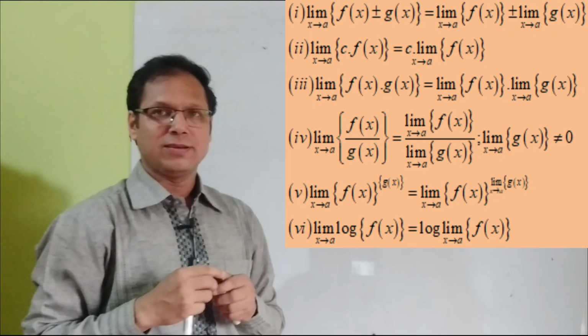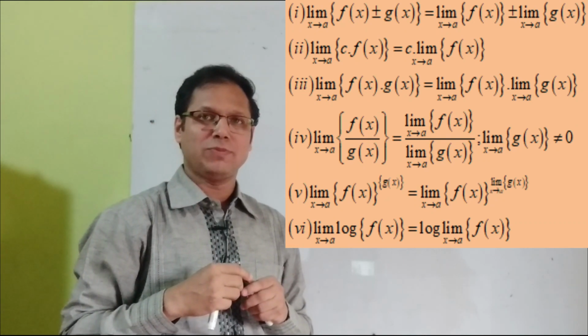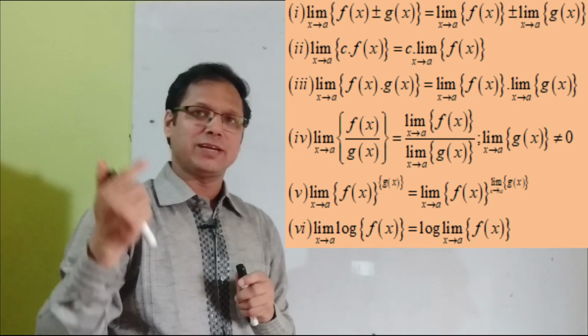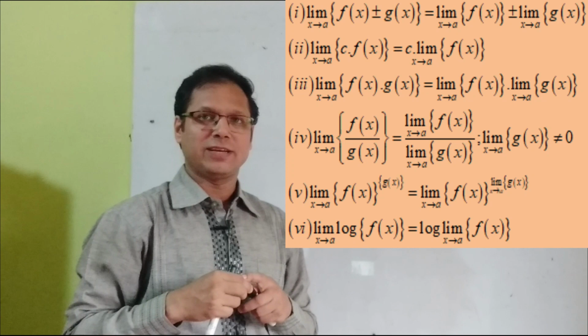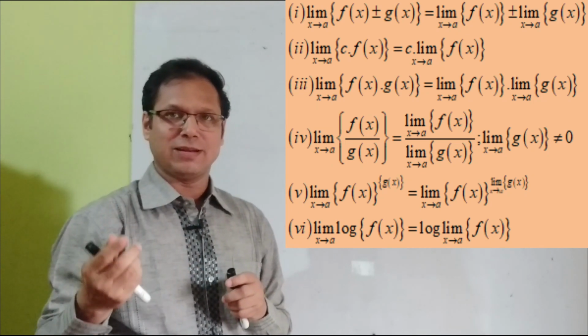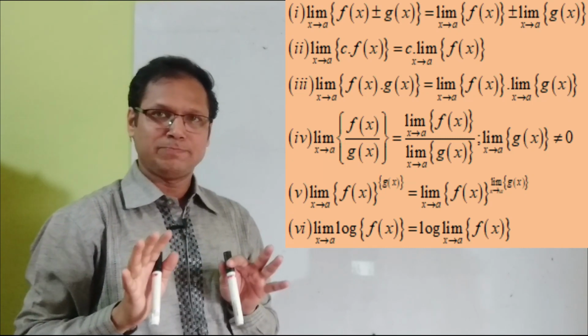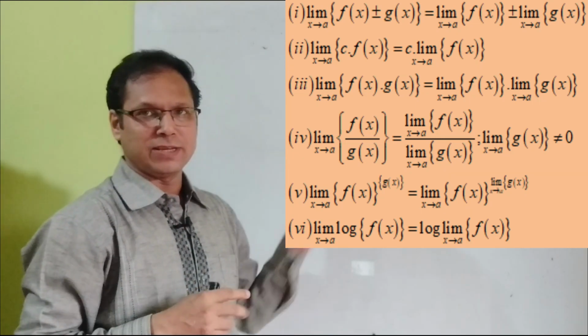Now we'll take the exponential formula, that is limit x tends to a f(x) to the power g(x) can be written as limit x tends to a f(x) to the power limit x tends to a g(x). Now we'll take the log function, limit x tends to a log f(x) can be written as log of limit x tends to a f(x). Okay, with the help of these properties we can take some examples.